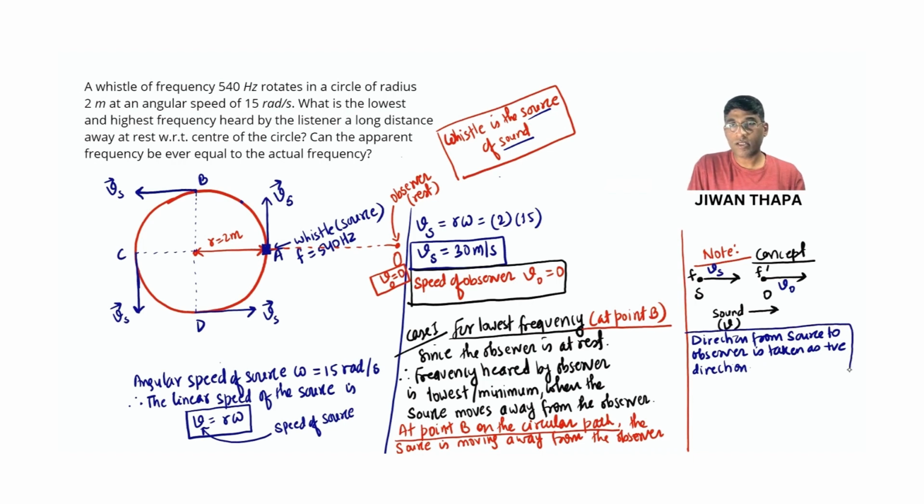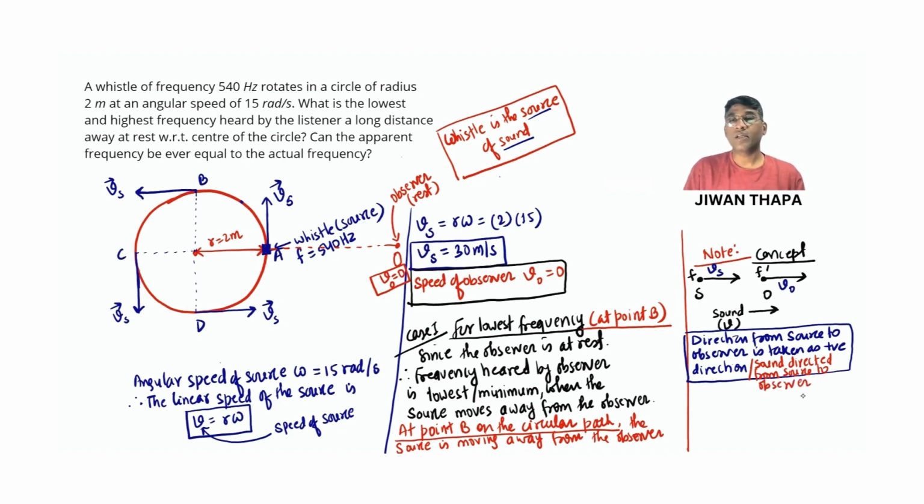And as I said earlier, sound is always directed from source to observer, whether the source is moving towards the observer or is moving away from the observer. So let me write: sound directed from source to observer. Okay, so we have this.